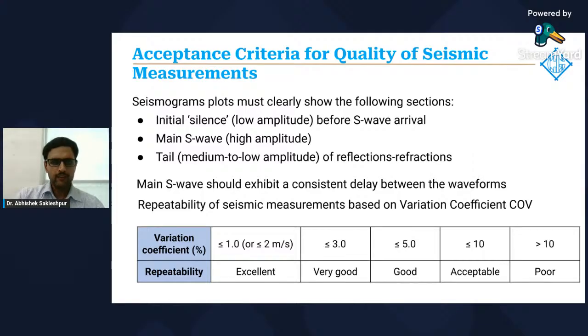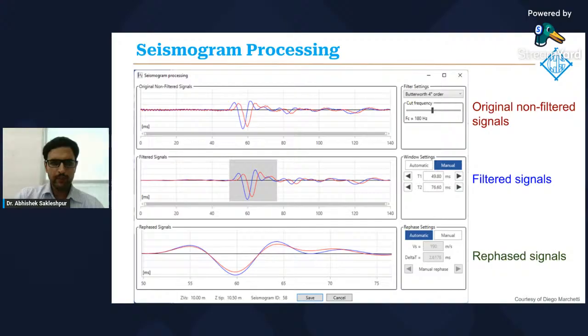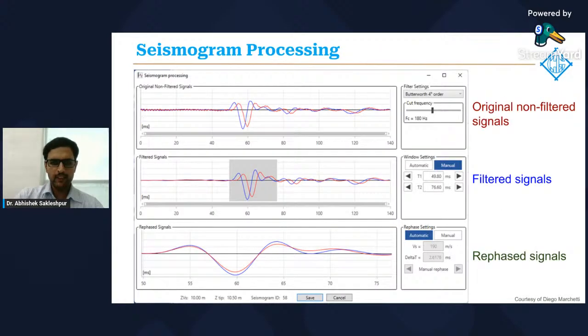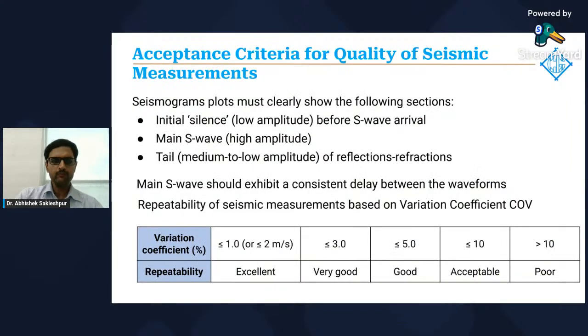Then second, the main S wave, which is of a high amplitude, is recorded by the sensors, as we see over here. And then finally, the seismogram has a tail of medium to low amplitude of reflections and refractions, which is what we see here on the right. So these are the three main features that you need to look for in a seismogram to know that your data is of good quality.